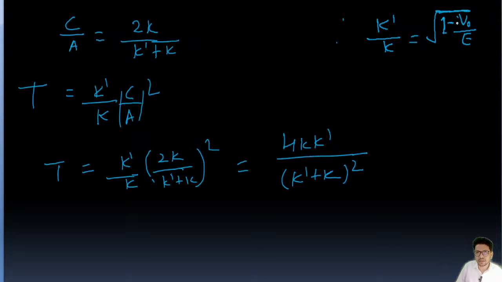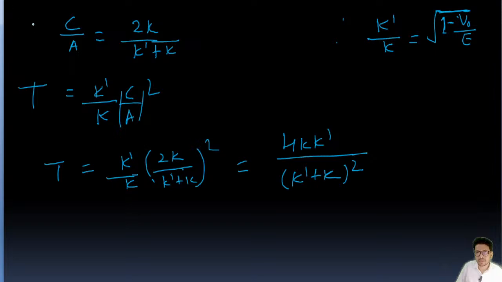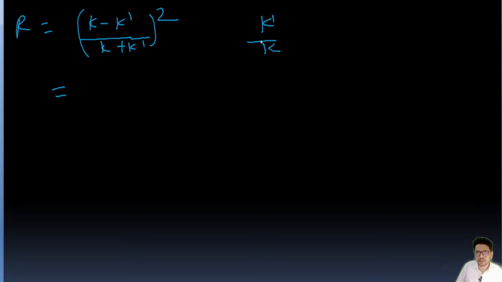So in terms of this we can also find the value of R. We know R is (K minus K dash) upon (K plus K dash) whole square, and we know K dash upon K is root 1 minus V naught upon E.